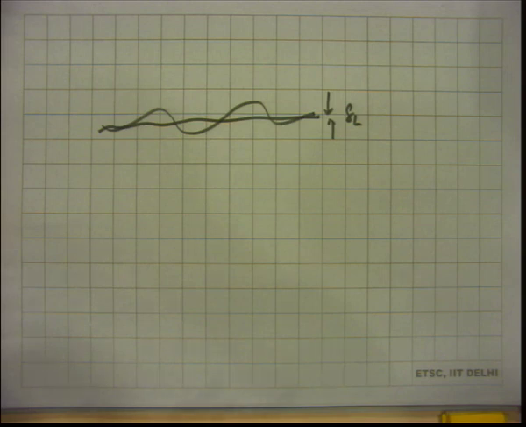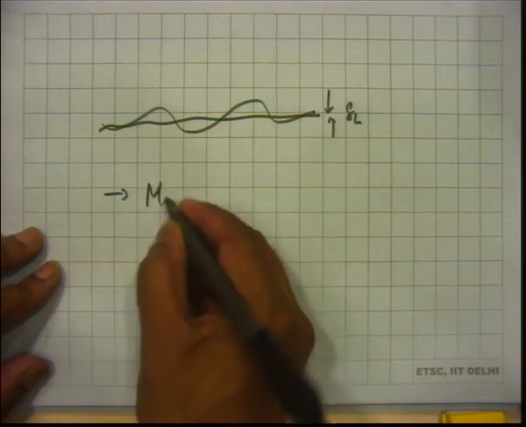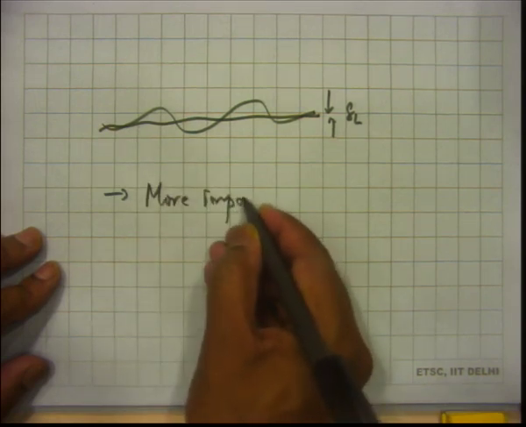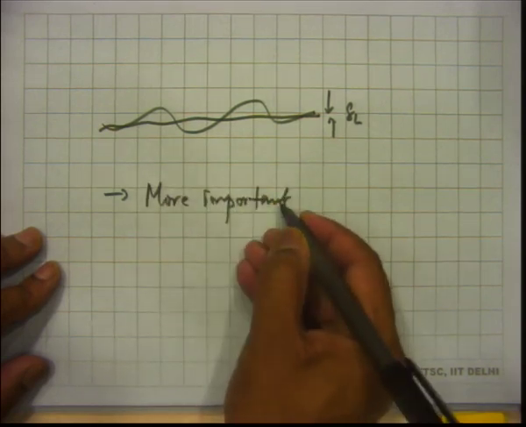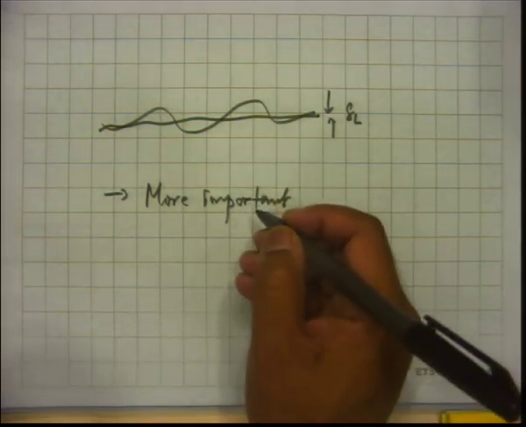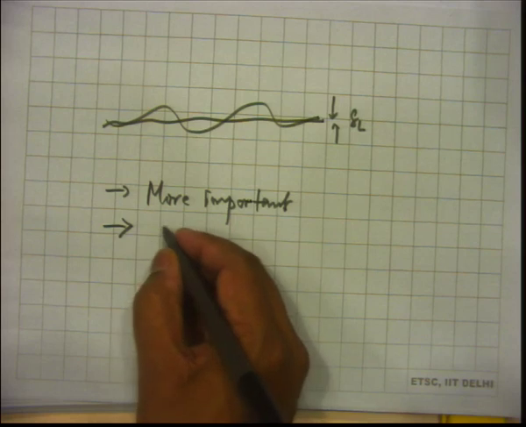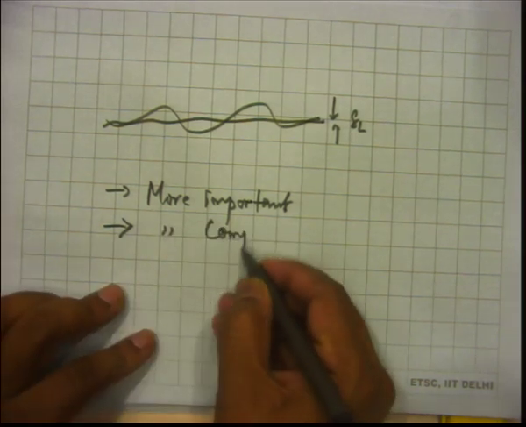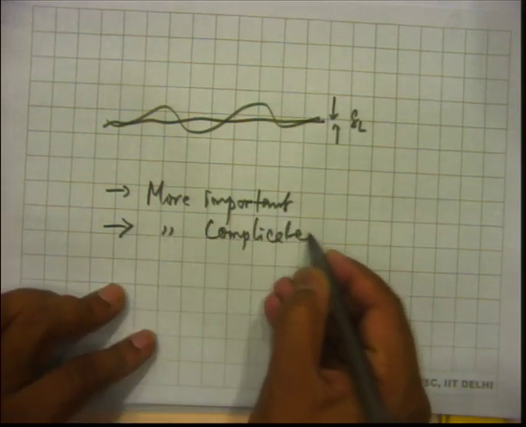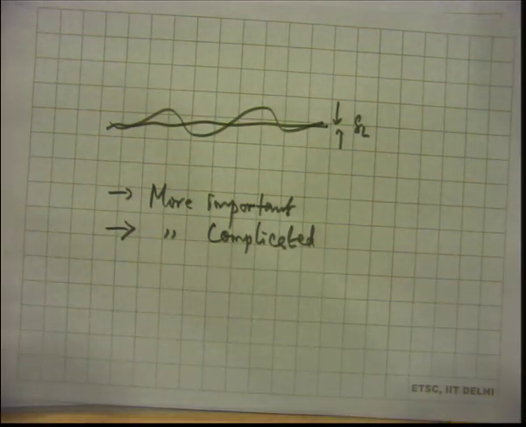So, just summing up, we have said that first of all, turbulent premix flames are much more important than laminar premix flames. Laminar premix flames also have their importance in some heating applications, but turbulent premix flames are much more important. That is one. But we also said that this is more complicated, and so complicated that you cannot really do a theory from first principles and derive equations and solve and be happy with that.